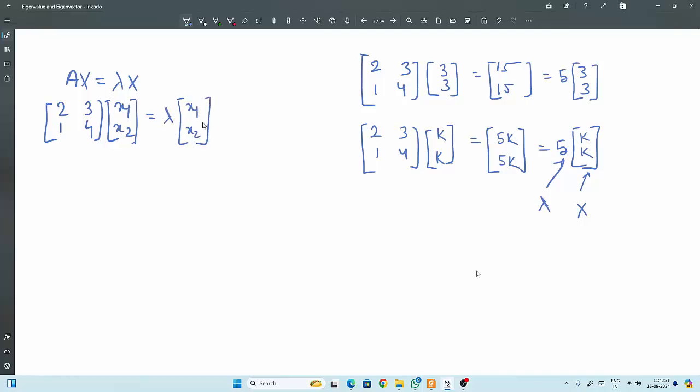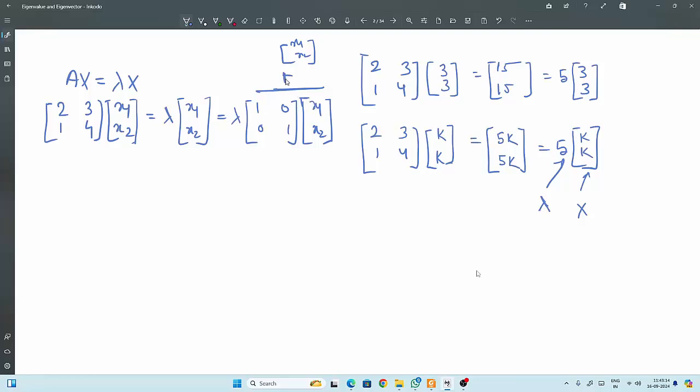Now this lambda x can be written as lambda into 1, 0, 0, 1 into x1, x2. I think everyone will agree with me, because after multiplying you will actually get x1, x2 again: 1 into x1, 0 into x2 is x1, and 0 into x1, 1 into x2 is x2.